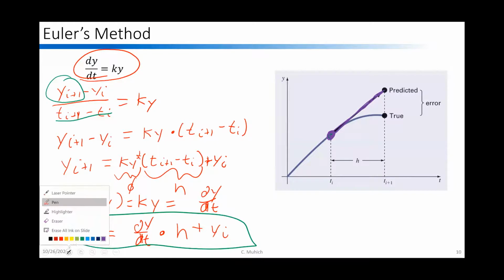Because I'm just using the tangent. In reality, I might have this function which is going to curve. So I'm going to get some error associated with this, and the error in taking this next step is going to break down into several different types.